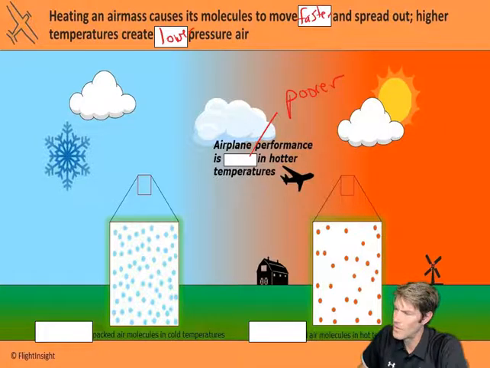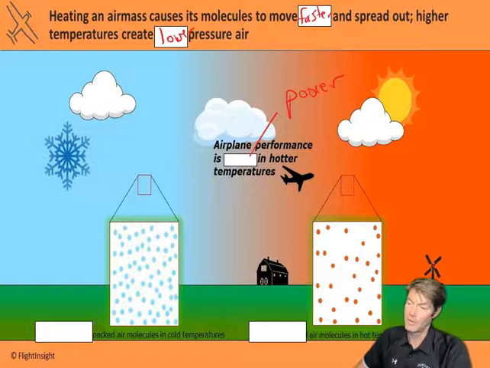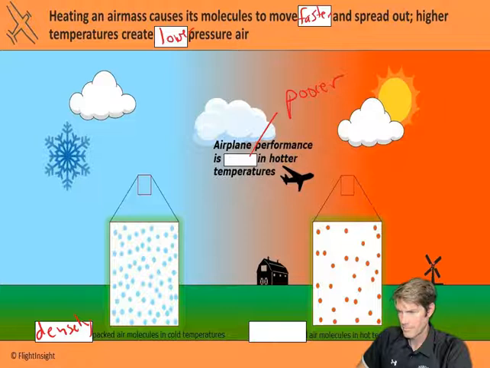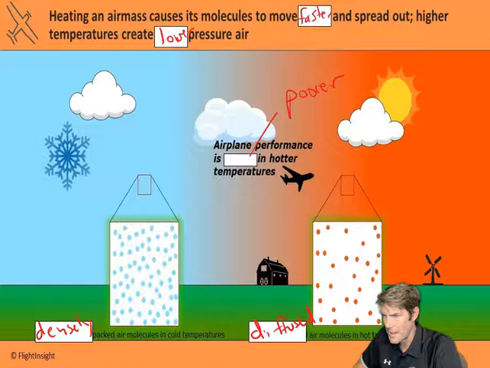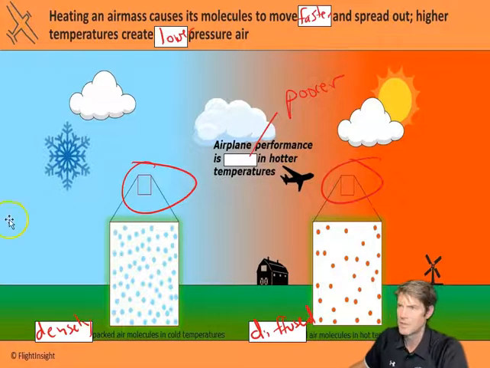Of course, planes can fly and they don't usually shut down if it's too hot, but it could make a difference in some situations. So densely packed here, and then loosely diffused air molecules in those warmer temperatures.